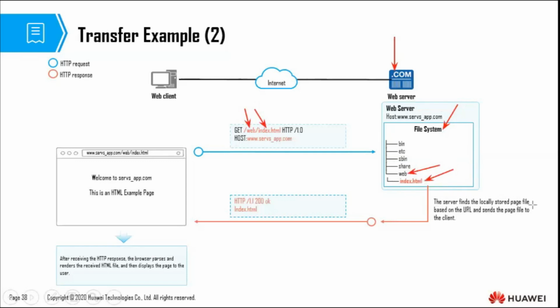So the server will find the locally stored page file based on the URL and send the page to the client. When it is successful, it normally returns a status value, but I won't explain it here. With an OK and the file itself, your browser will display that HTML page, index.html. So that's how the web and HTTP generally works.